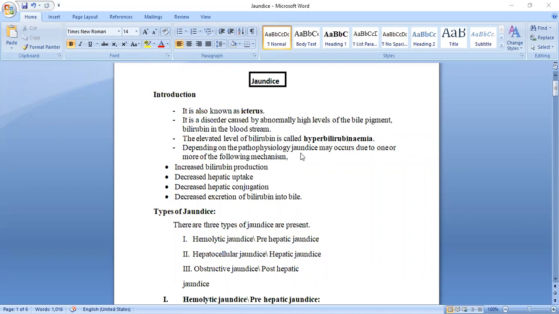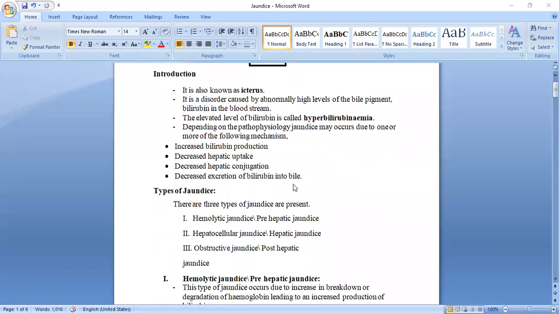Depending upon the pathophysiology, jaundice may occur due to one or more of the following mechanisms. We will see the mechanisms in detail afterwards. Jaundice may appear due to increased bilirubin production, decreased hepatic uptake, decreased hepatic conjugation, or decreased excretion of bilirubin into the bile.